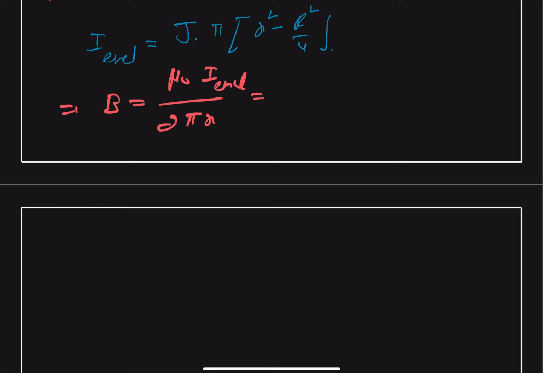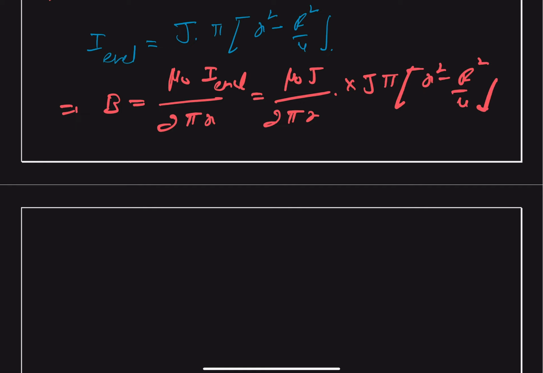So this gives us mu naught J upon pi x, times J pi x square minus r square by 4. Pi cancels with pi, and we get that the magnetic field B is equal to mu naught J upon 2x times x square minus r square by 4.